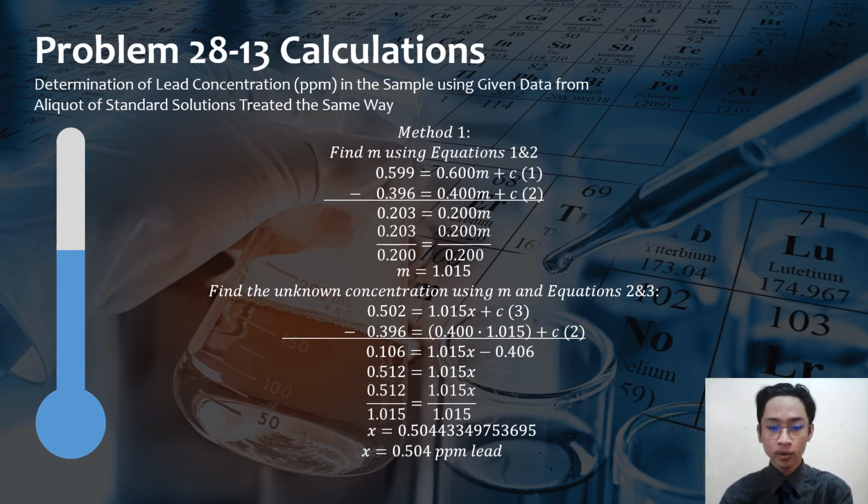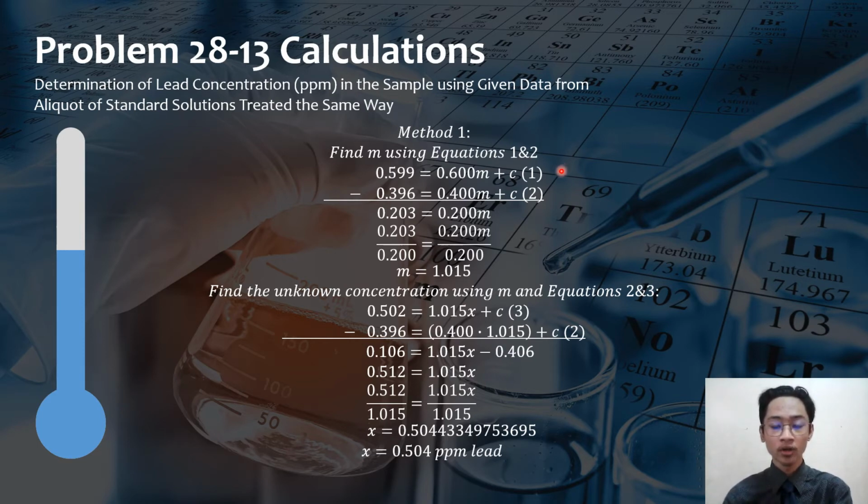So we have two methods here for solving the problem 2813. First method is through a system of linear equations of equations 1 and 2 and equations 2 and 3. First, we will find the m using equations 1 and 2.